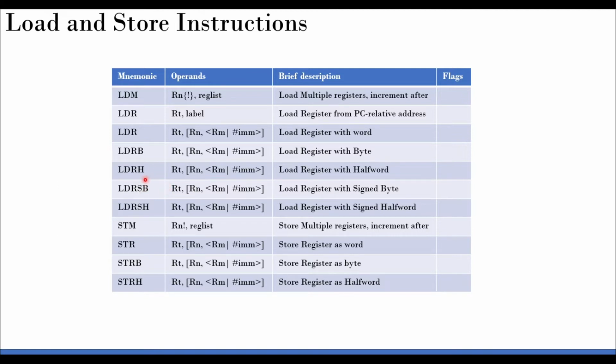For example, with sign byte, only 8 bits are loaded, but the remaining 24 bits, because it's a 32-bit data, the most significant 24 bits of RT can be made a sign extension of the most significant bit in the 8-bit data which is loaded. I will explain that in the next slide.